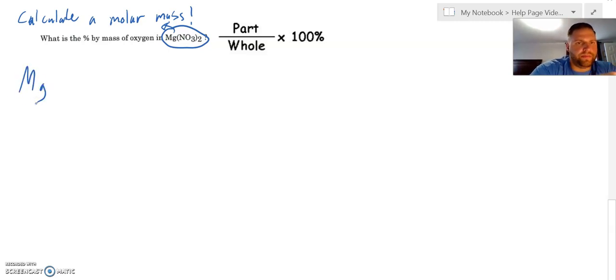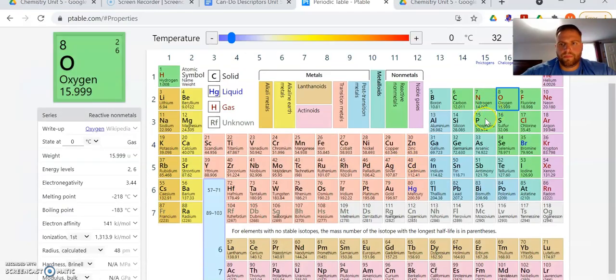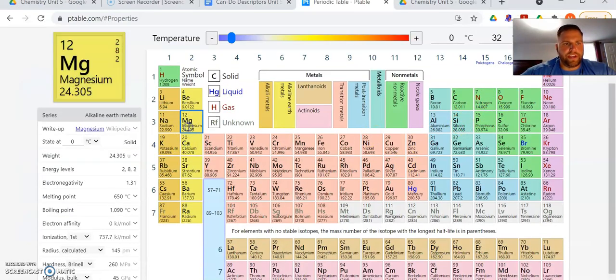So I see magnesium, I see nitrogen here, and I see oxygen. So what I need of each of these now is their molar masses. So let's go find them. All right, magnesium is 24.305.